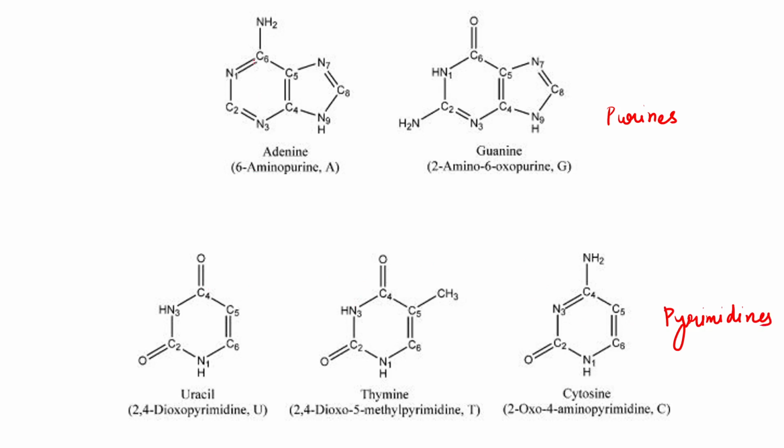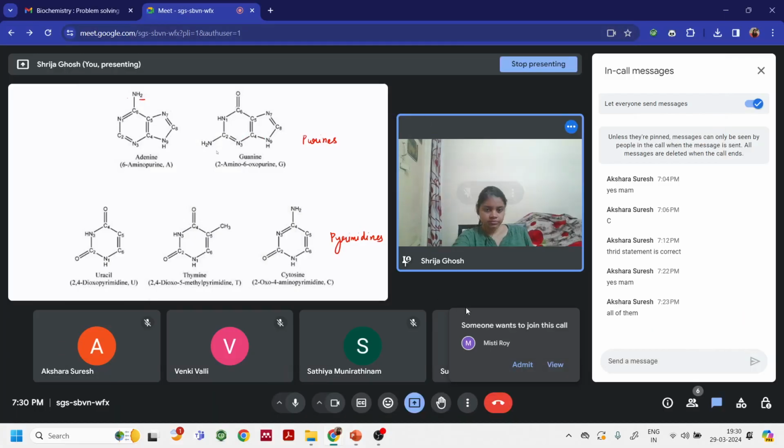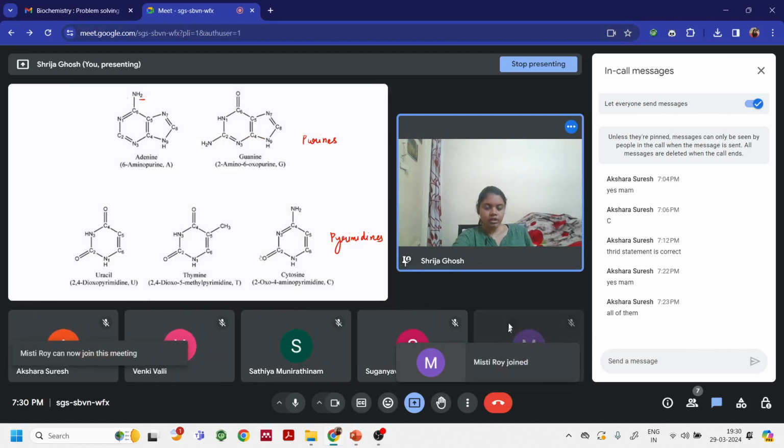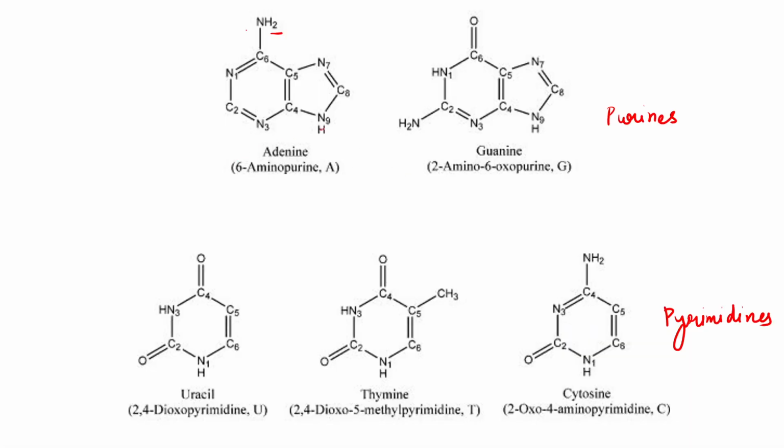And if you see here, in adenine we have this NH2 group attached at the 6th carbon, whereas in guanine at that same carbon we have a carbonyl oxygen along with an additional amino group at the 2nd carbon. So this is guanine.